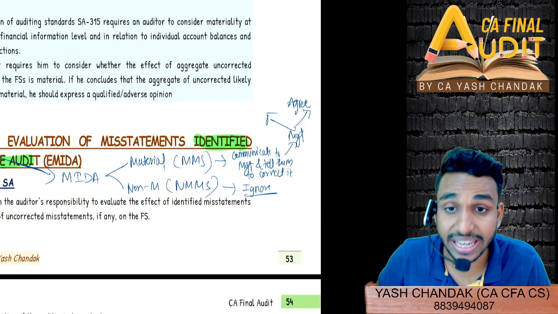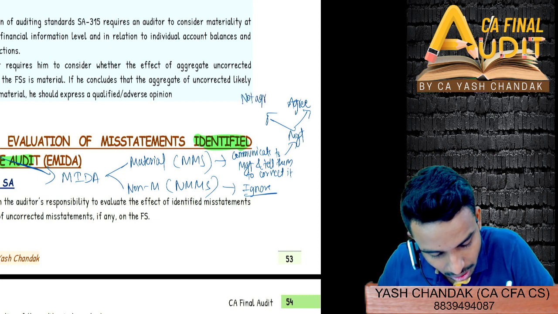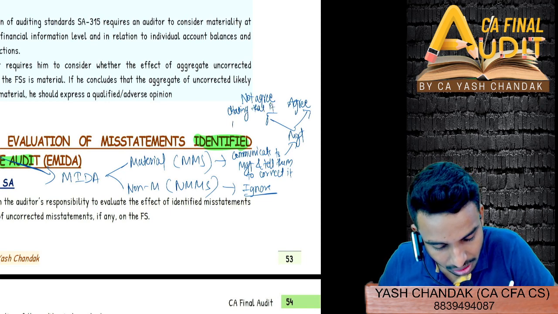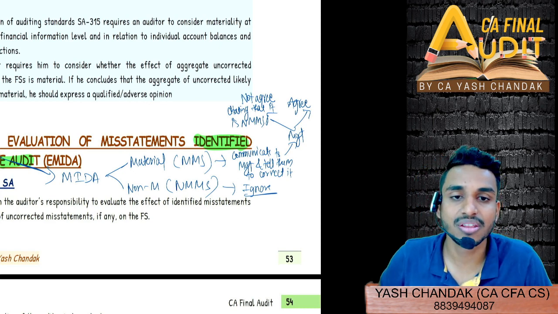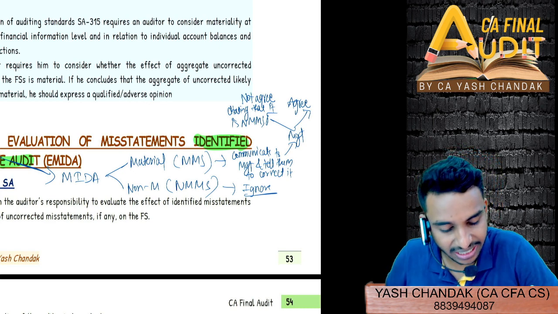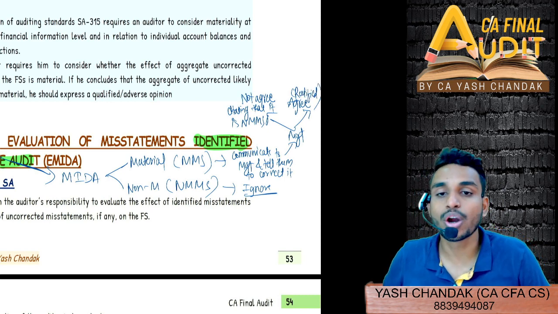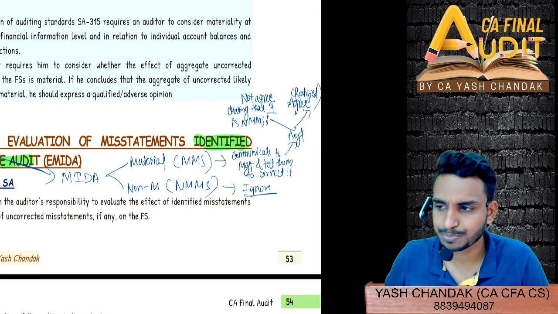They will either correct and rectify the misstatement, or they will not agree, stating that it is a non-material misstatement, so they are not concerned with that.